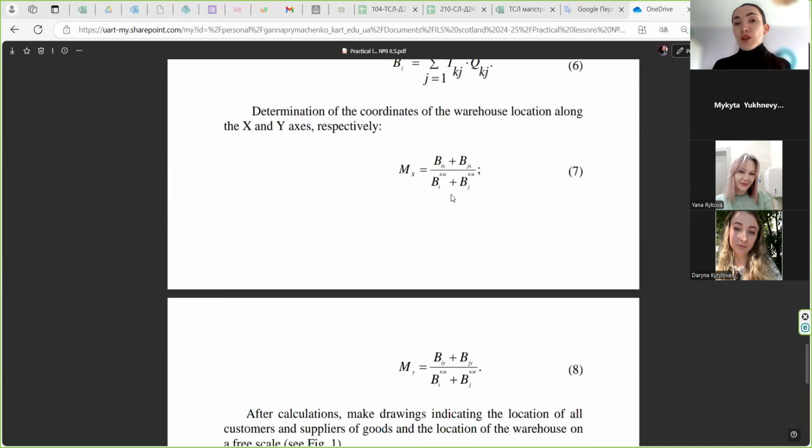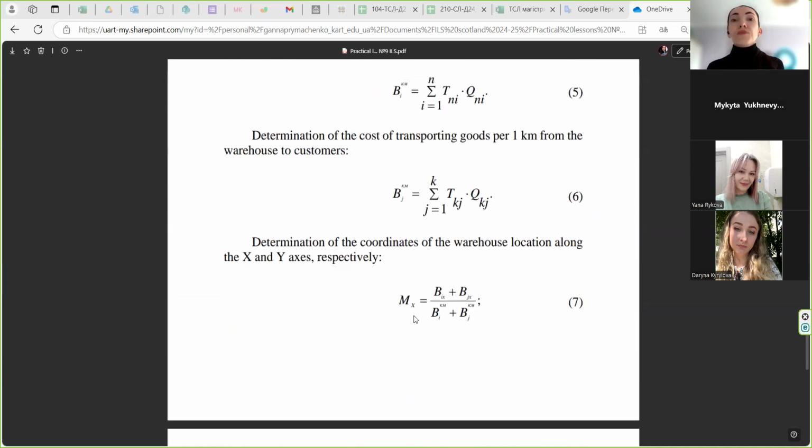And after it, we can find our coordinates by X and by Y. So we have a very big part of formulas, but it is not difficult. It is easy, and we can do it very fast.